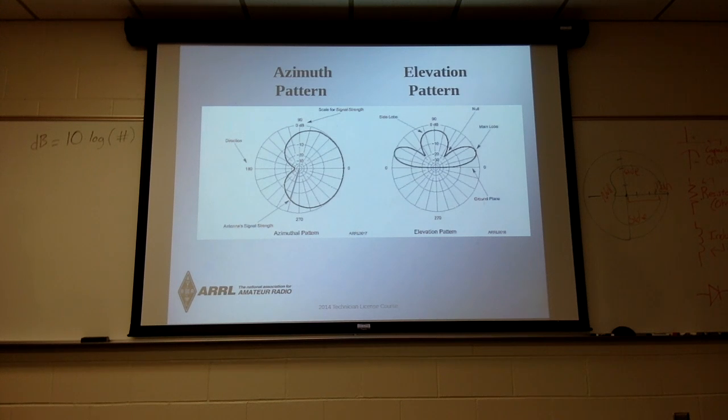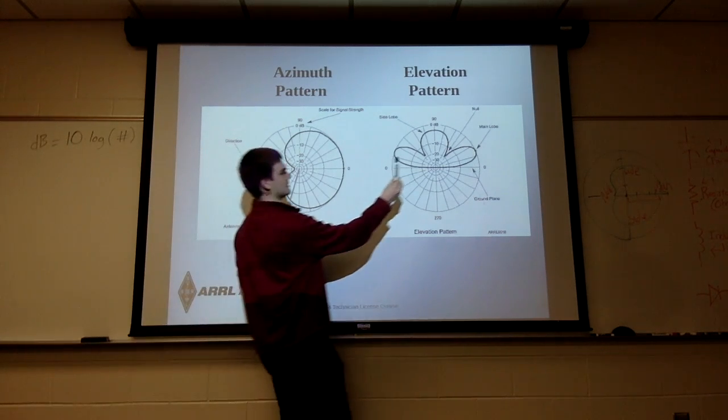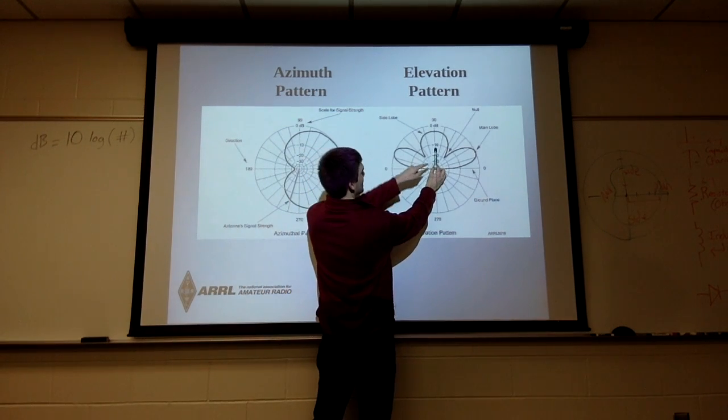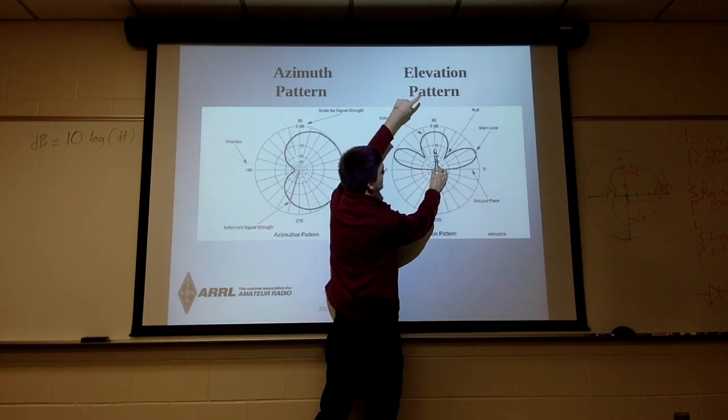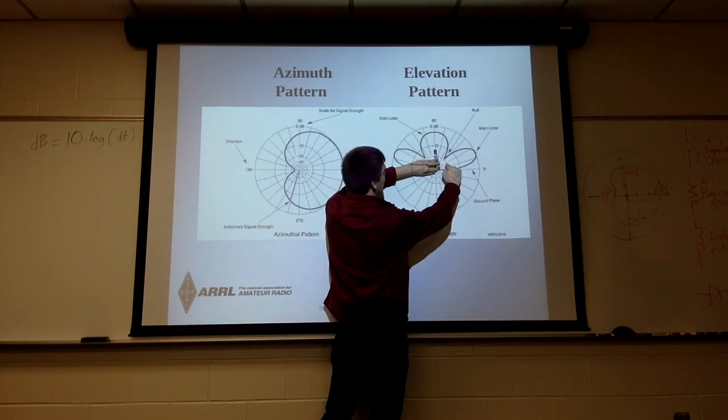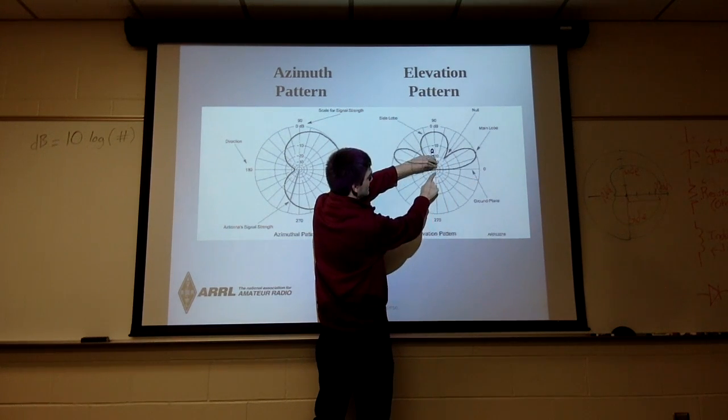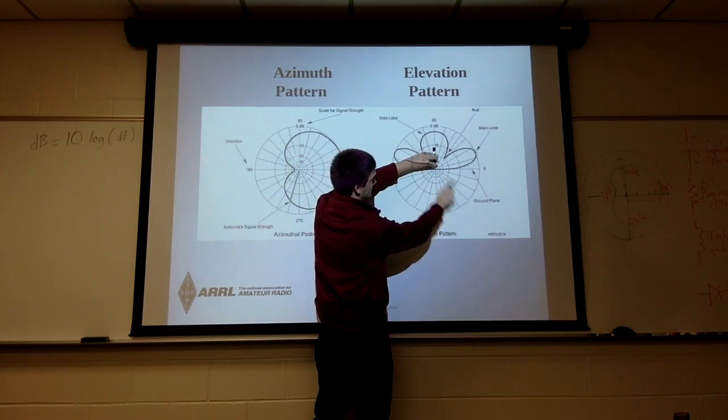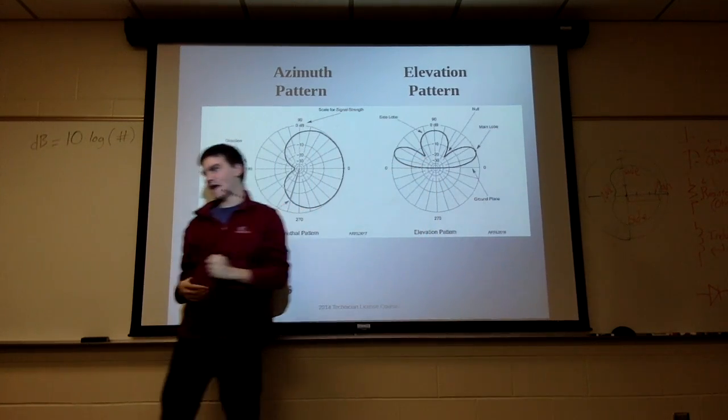The azimuthal pattern is on the left, and that's measuring around the antenna this way. The elevation pattern is if I stuck the antenna right here. This would say this antenna radiates a lot up towards the sky and a lot in this direction and this direction, but it doesn't do anything down below it, which is handy.